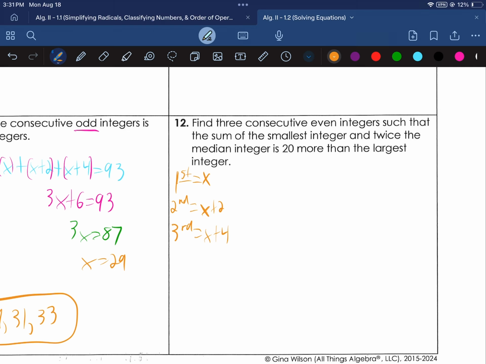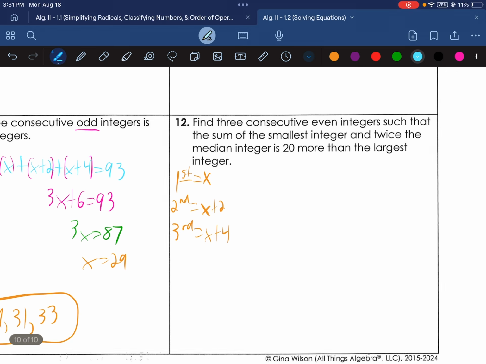Now, our equation is a bit different. We'll be taking the sum of the smallest and twice the median, or middle one, so x plus 2 times the middle one, x plus 2, and saying it equals 20 more than the largest, so 20 plus x plus 4, a unique setup.